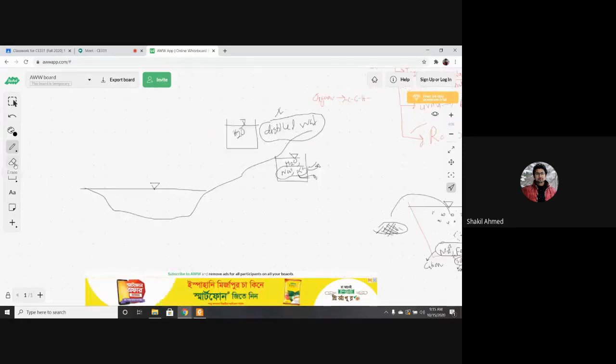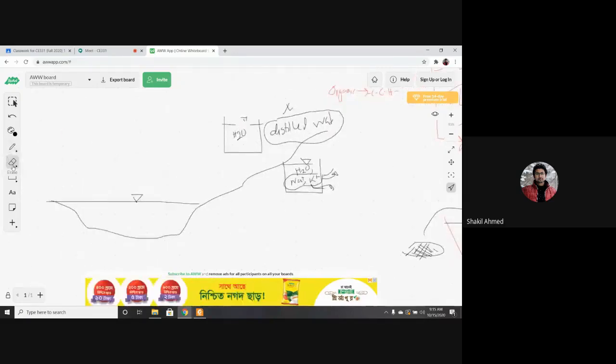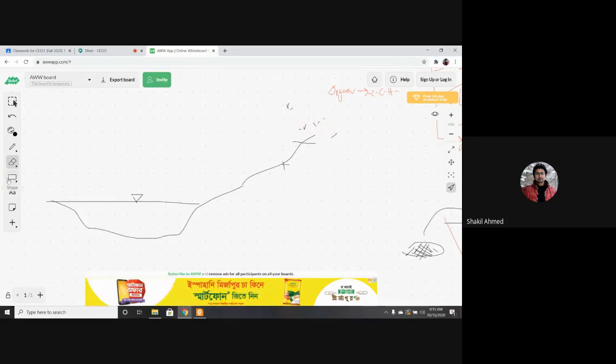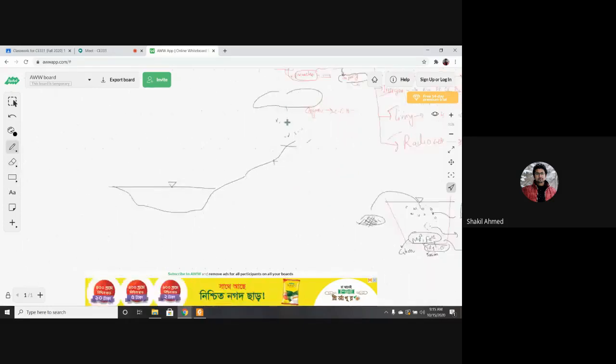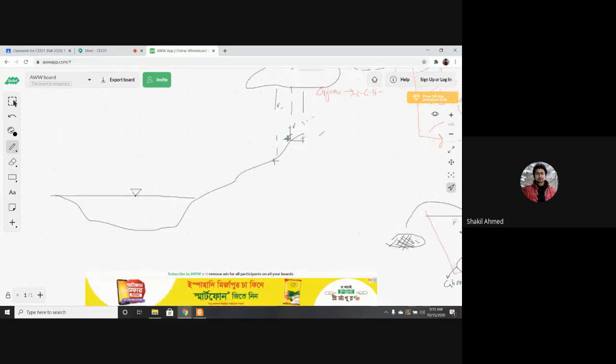When you have precipitation, rainfall or snowfall, this water flows towards a river or canals, right?